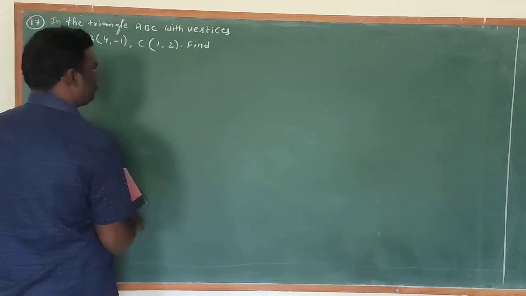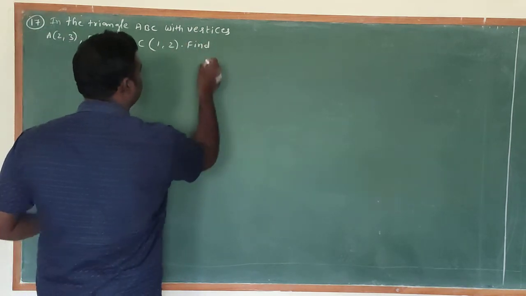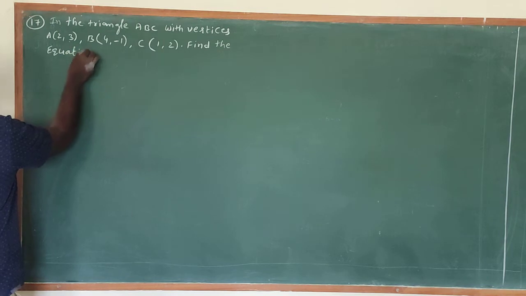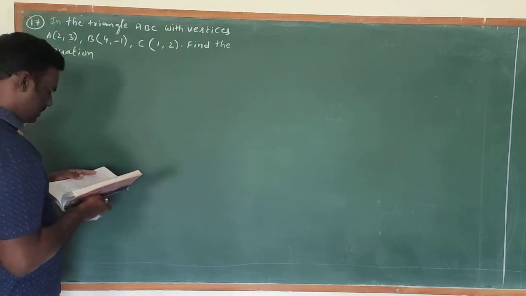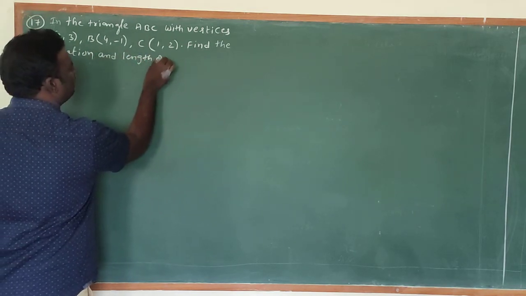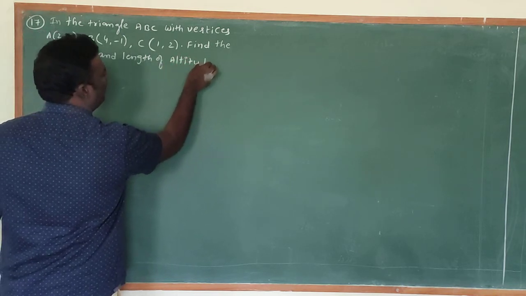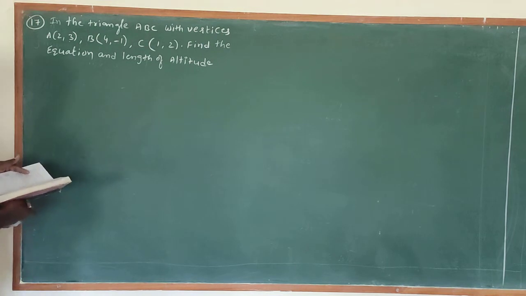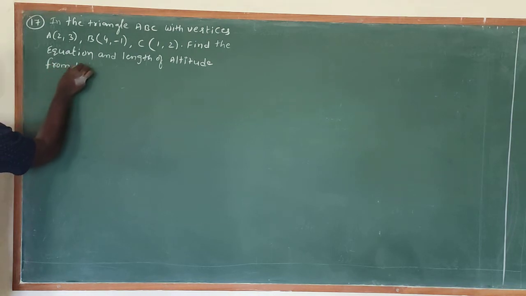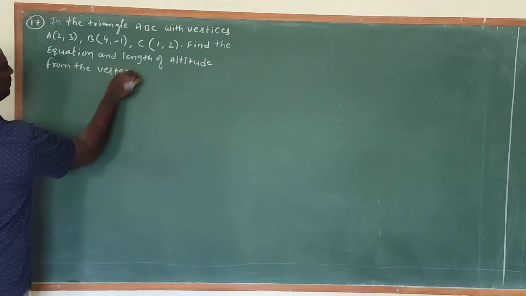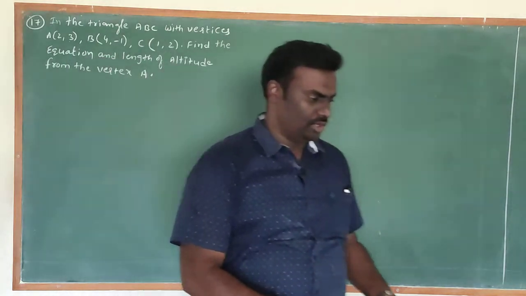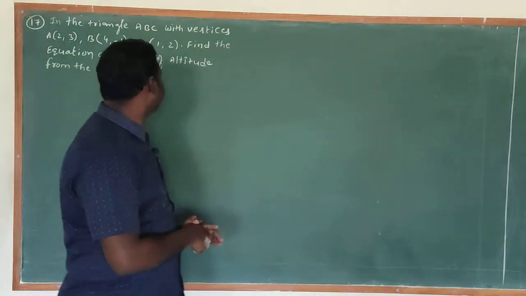Find the equation and length of altitude from the vertex capital A. So here vertices are given ABC.